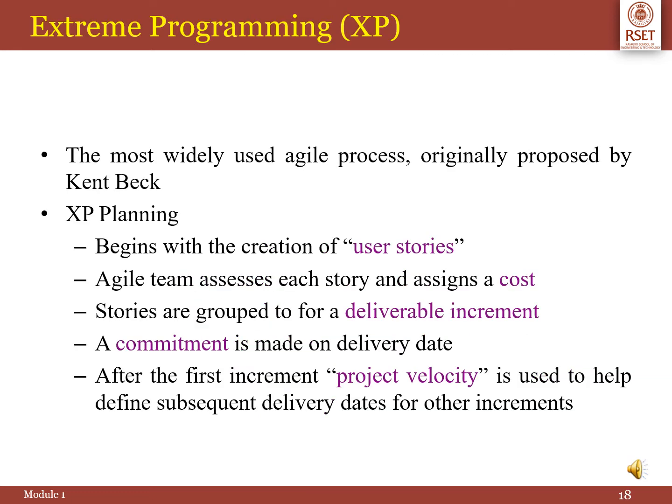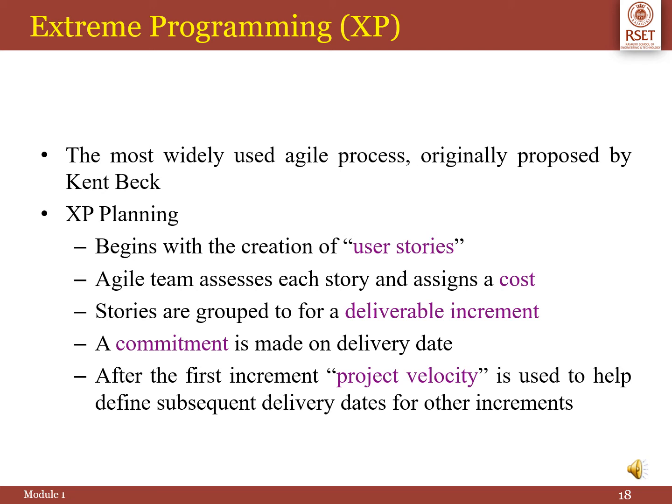The first agile model is extreme programming. It is the most widely used agile process, and it was originally proposed by Kent Beck. It contains different phases, and the first phase is XP planning, that is, extreme programming planning. XP planning begins with the creation of user stories.